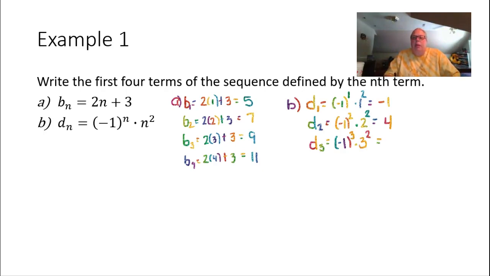This will give me -9. And d sub 4, this is our fourth term, -1 to the fourth power times 4 to the second power will give me +16. So the first four terms in our D sequence are -1, +4, -9, and +16.